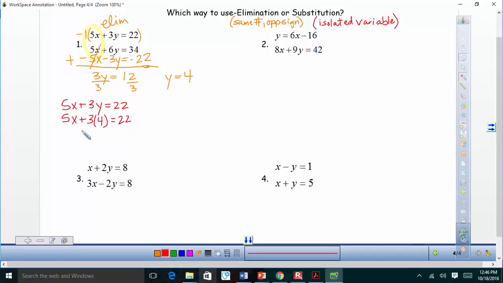I'm going to go ahead and move that 12, so I'm going to subtract 12 from both sides here. That gives me 5x equals 10. And so what does x equal then? 2. Okay, now, I do not leave it like that. How do I write my final answer? Parentheses, 2, 4. We want to write it as a point or an ordered pair. Okay?